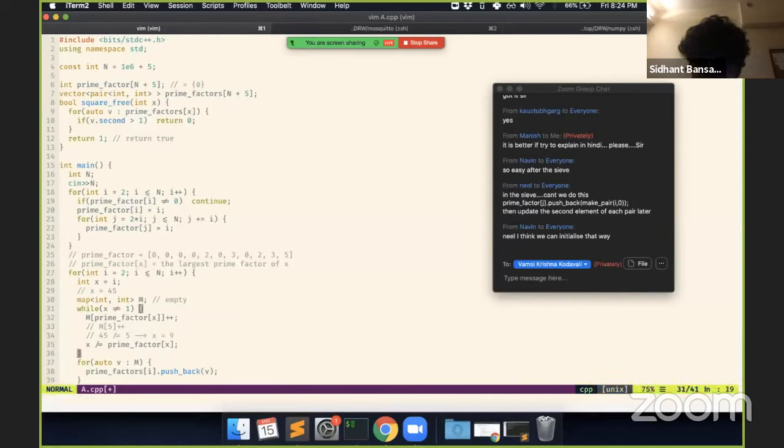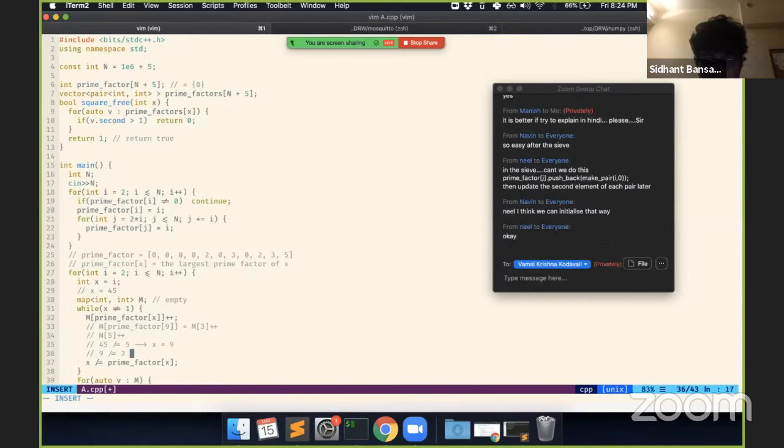In the next iteration, x is still not 1. Next time, m of prime factor of 9, which is m3 plus plus. And 9 divided by 3 gives x equal to 3. Here x is still not 1. We again get m of prime factor of x plus plus, which is again m3 plus plus. Notice why this is important: if the number is prime, then its prime factor is the number itself.